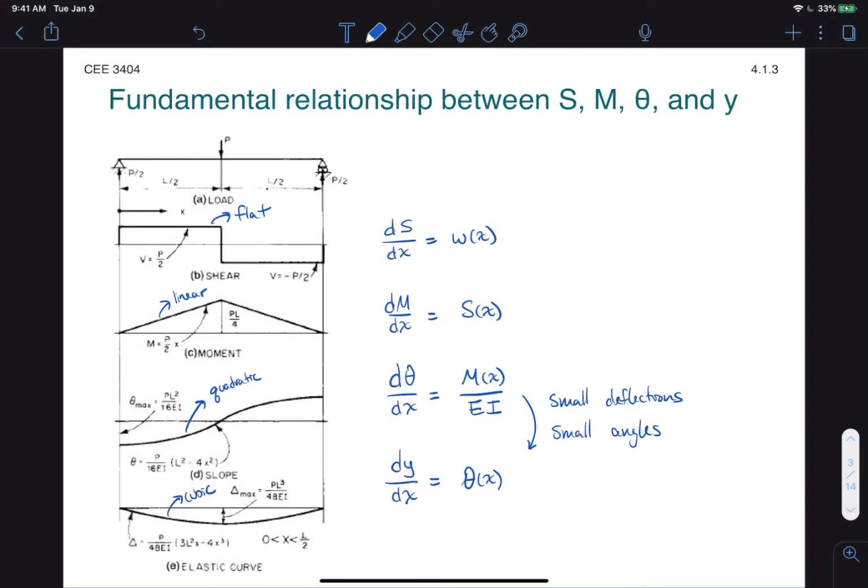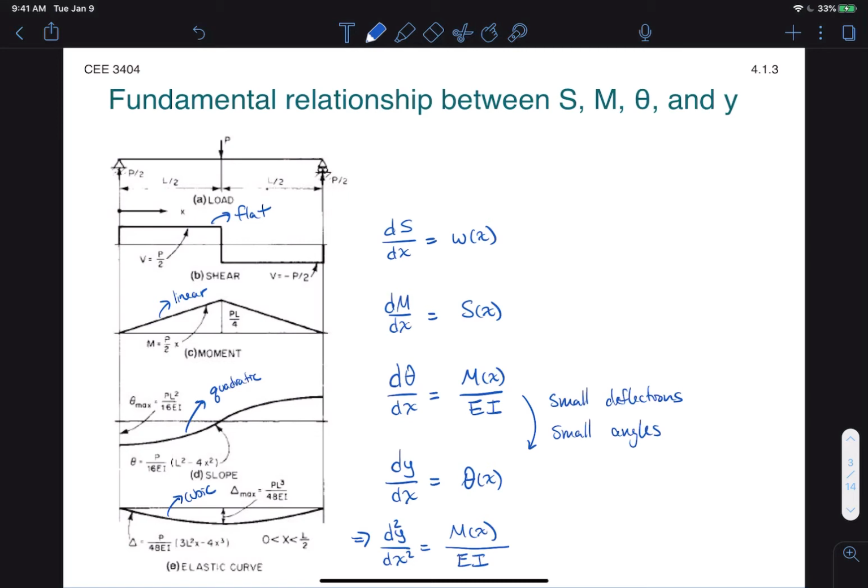Note that in most cases we'll simply skip the angle calculation and go from moment directly to deflection. So usually we use the following relationship, where the second derivative of the deflection is equal to the moment over EI. Now it is possible to solve for the deflection using the moment diagram and this relationship directly.